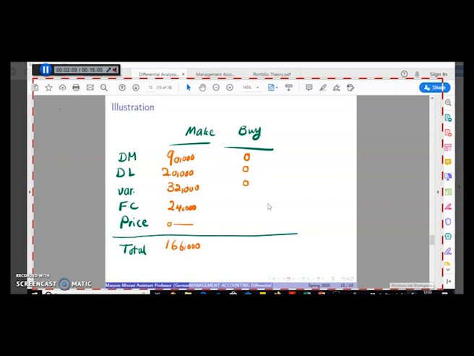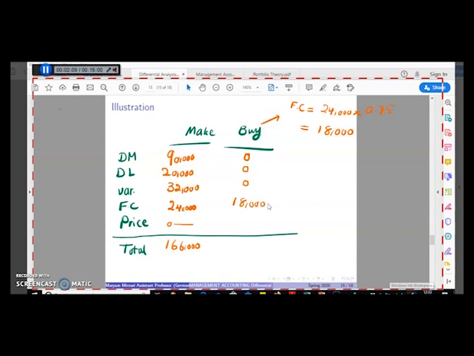It means that I have to calculate the fixed cost in this case for the buy scenario, which equals the total fixed cost times 3/4 or 0.75. So 75% will remain as long as 25% will be eliminated. So I will have 18,000 fixed cost.